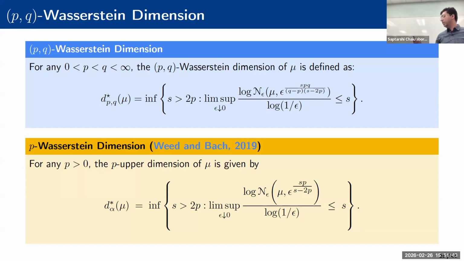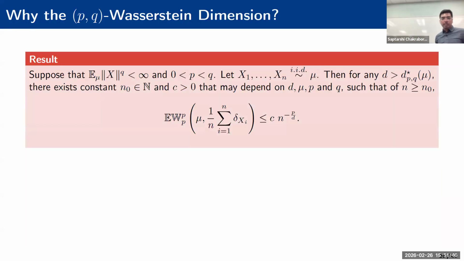So let me give you a theorem. This is the utility of the PQ Wasserstein dimension. It says that if you have the data supported on the entire data space, but you have only a finite q moment condition, then the expected Wasserstein P distance between your true data distribution and the empirical distribution scales with n to the power p over d, where this d is a little larger than this Wasserstein dimension.